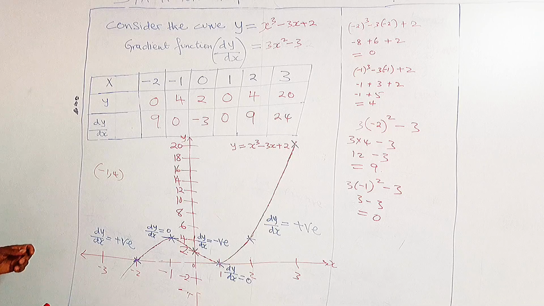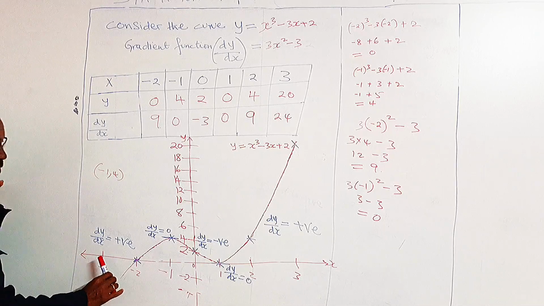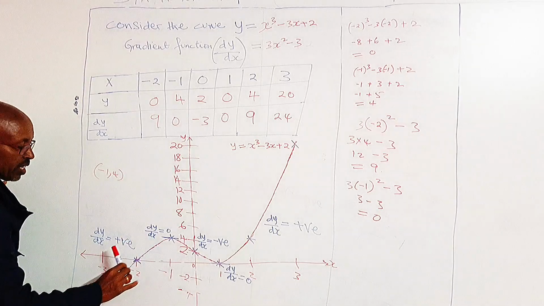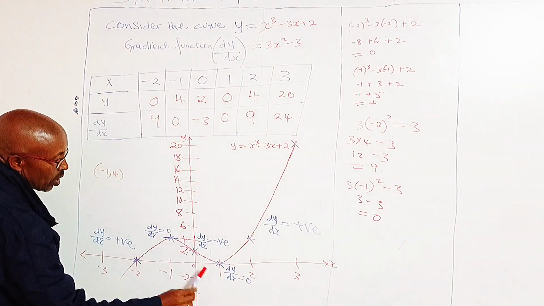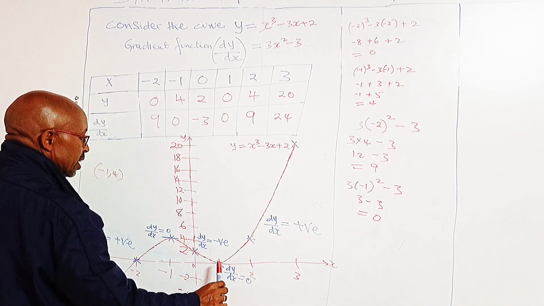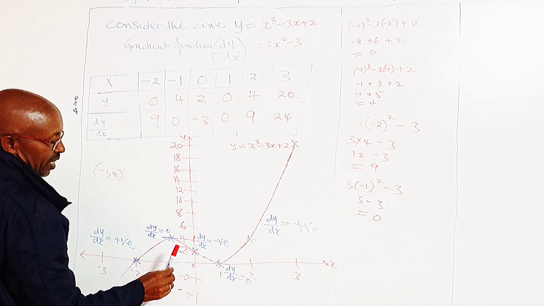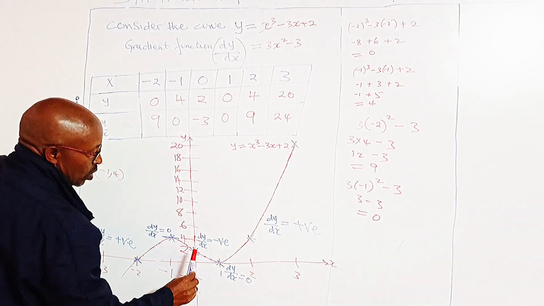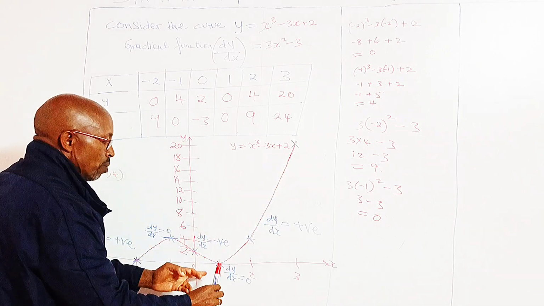This stationary point is a maximum point. The gradient changes from positive through 0 to negative, so that one is a maximum point. Then we have another point, whereby our gradient changes from negative through 0 to positive. So that one is a minimum point.